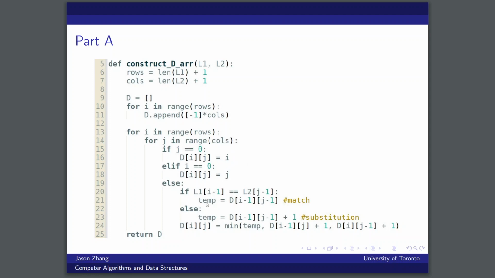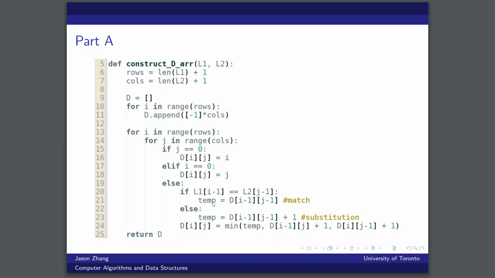Next, we define a variable temp, which takes on a value equal to d[i-1][j-1] in the case where the final elements of L1 and L2 match, as we said earlier, but we add 1 if they're not equal because we need to perform a substitution.